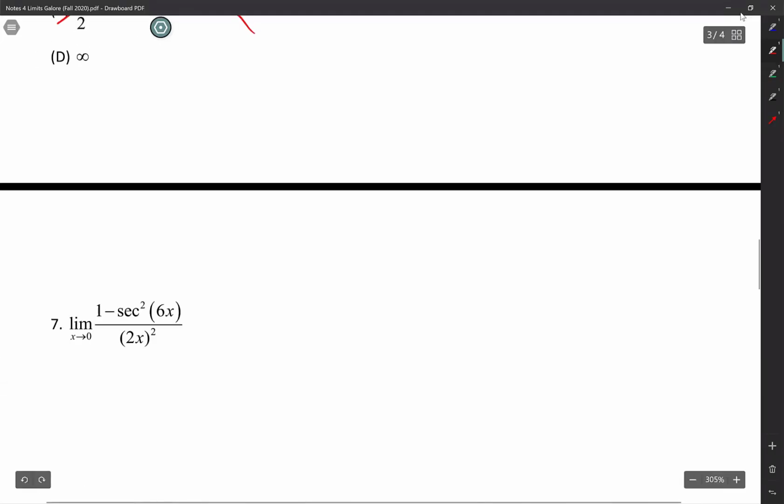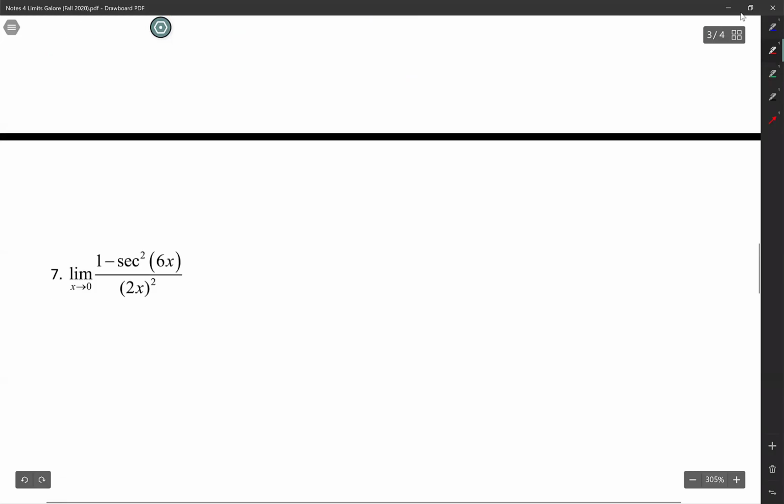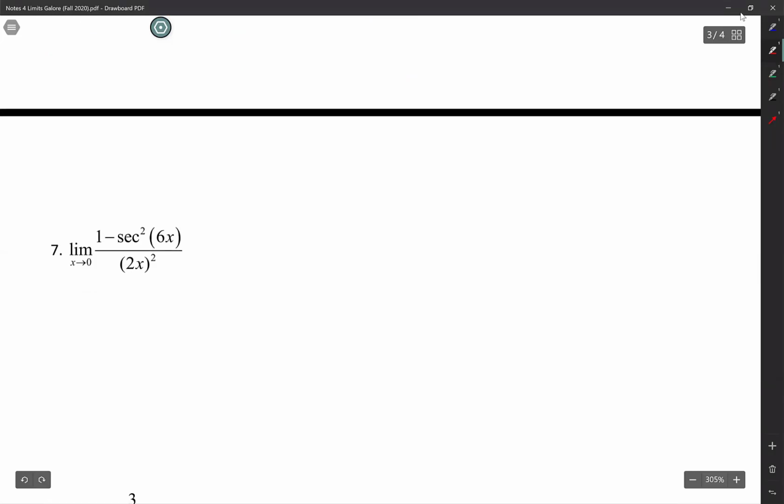Before we continue, let's write what we know. Because we're obviously going to need trig stuff, right? So let's see. We know cosine squared plus sine squared equals 1. We know, let's see, we divide everything by cosine squared: 1 plus tan squared equals 1 over cosine squared, that's secant squared.